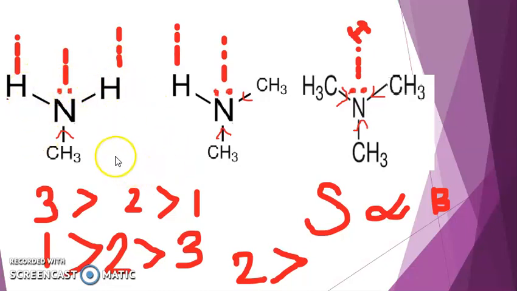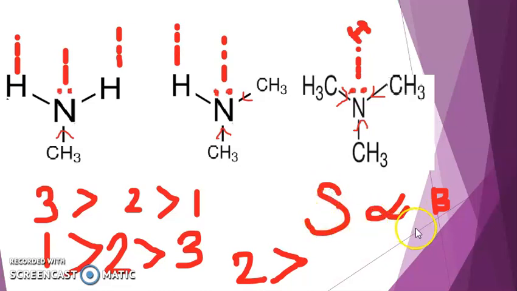So which one is stable here? Primary is more stable, then secondary, then tertiary. Stability is directly proportional to the basic strength. If we ensure the stability, we can ensure the basic nature of the substituted amine.